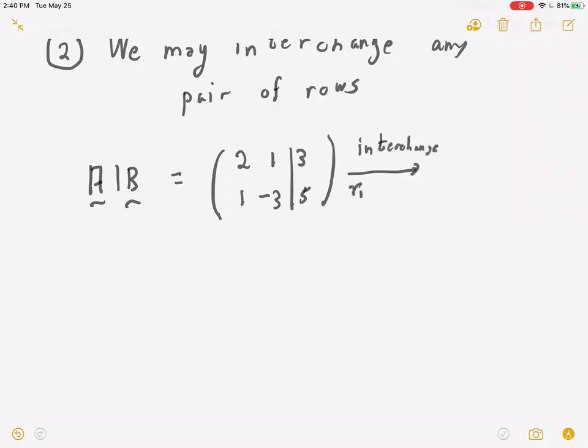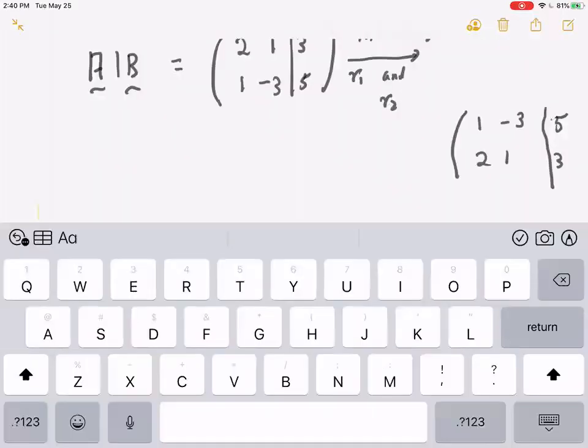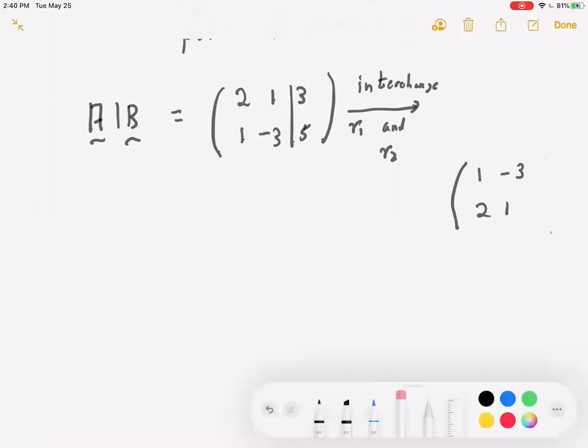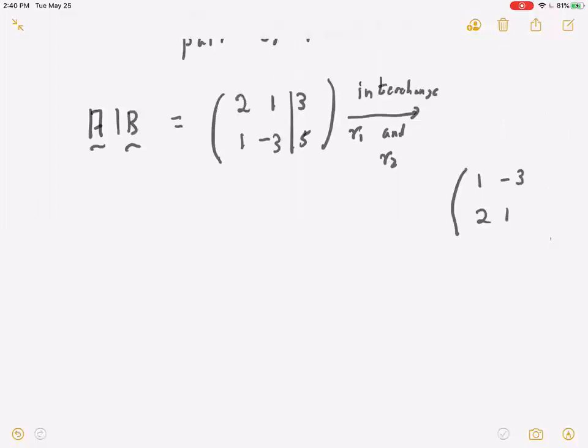I want to interchange row 1 and row 2. So that means my new matrix, after I apply the elementary row operation, that's kind of sloppy, so let's clean that up a bit. My new matrix is going to look like that for the first row and that for the second row.